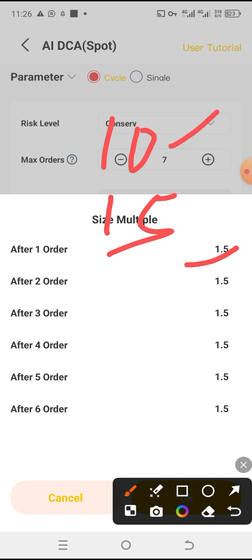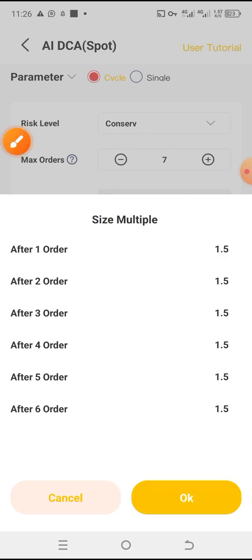So the next one after this that it will be buying will be 1.5 times 15. Assuming this is $10, the first buy is 1.5 times, so that is 10 plus half, that's 15. So the next one will be 15 plus 7.5 and so on. So that is what it will be buying for you.